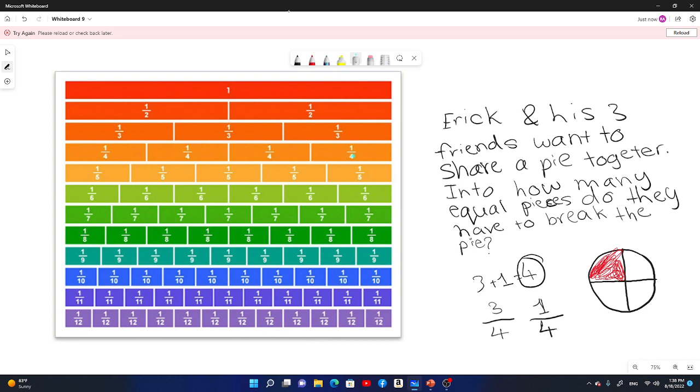And it keeps on going. So you just call them wholes, halves, thirds, quarters or fourths, fifths, sixths, sevenths, eighths, ninths, tenths, elevenths, and twelfths.